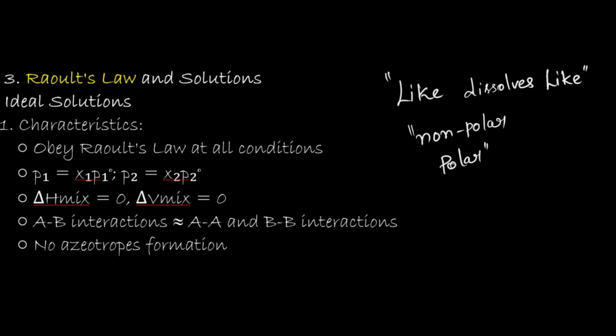In case of ideal solutions, if I have a molecule A and a molecule B, the AB interactions will be more or less equal to the interactions between A and A, and B and B. For example, if a solution is formed from A and B, the interaction between them is more or less equal to the interaction between AA molecules and BB molecules.